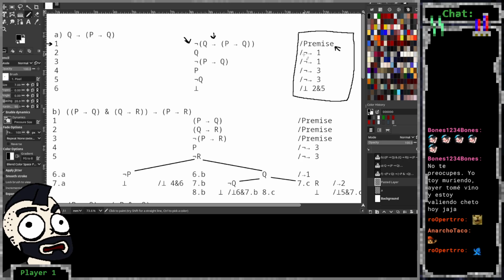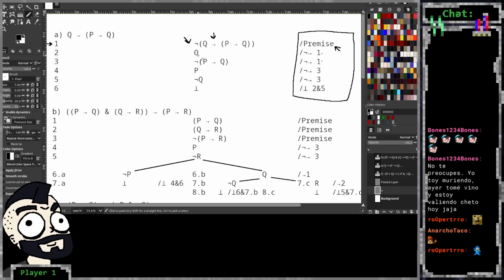And it's justified by negated conditional, in which formula? The formula at 1. And as soon as the number of the formula appears here, the formula is considered analyzed. I don't need to analyze the same formula again, not in this method.